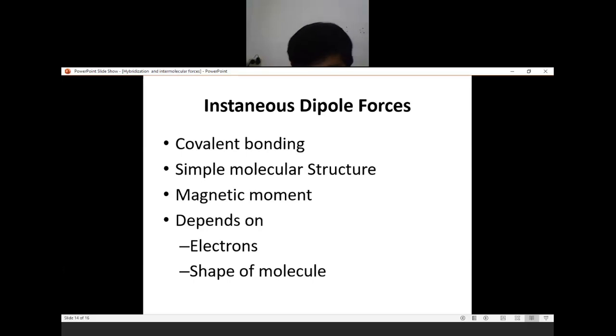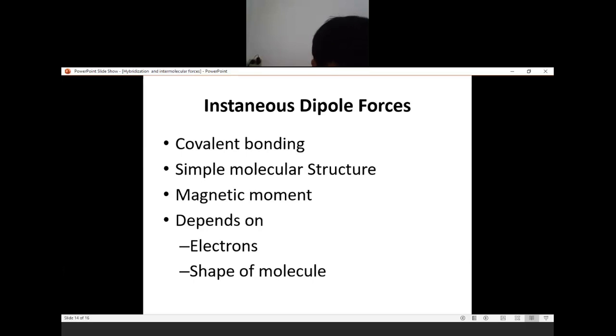Magnetic moment means it can attract, but not for a long period of time. And then the instantaneous dipole forces depend on the number of electrons and also the shape of the molecule. What does it mean by electrons? The more electrons in the central, the stronger the instantaneous dipole forces.